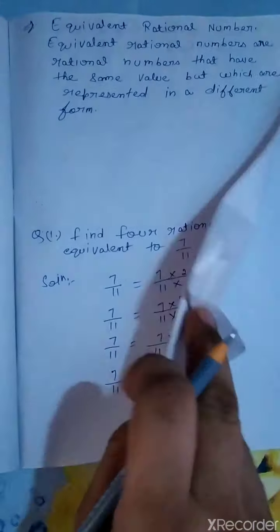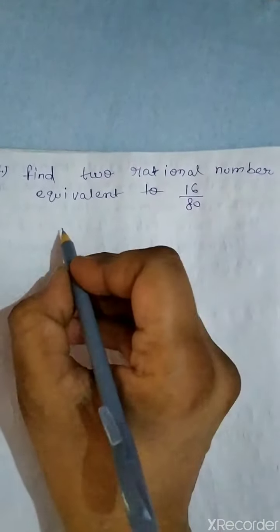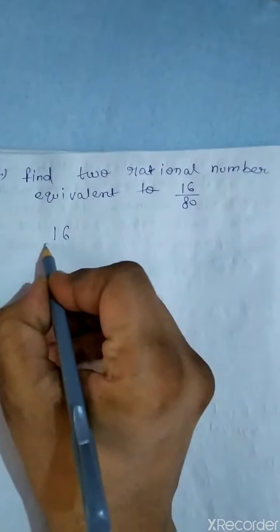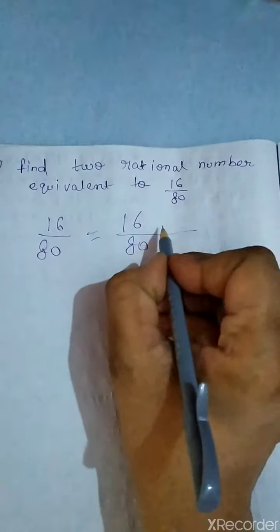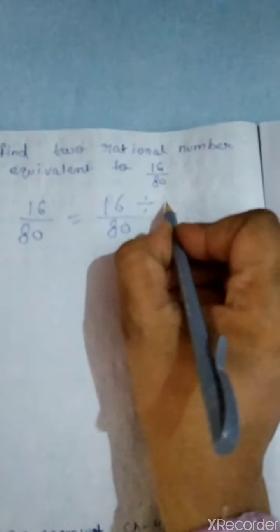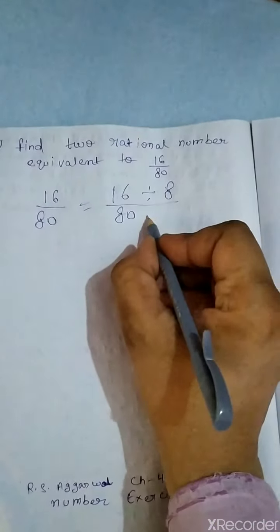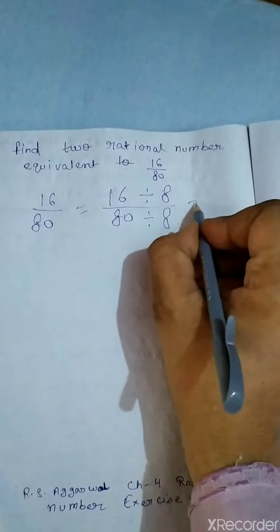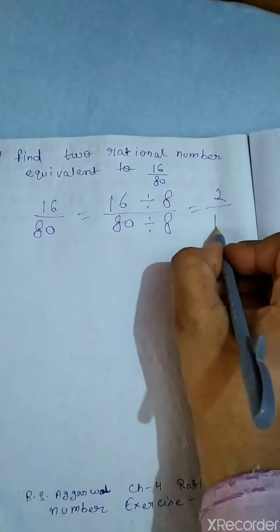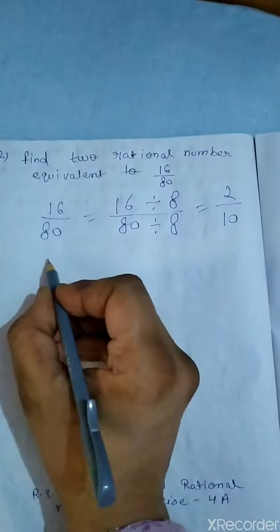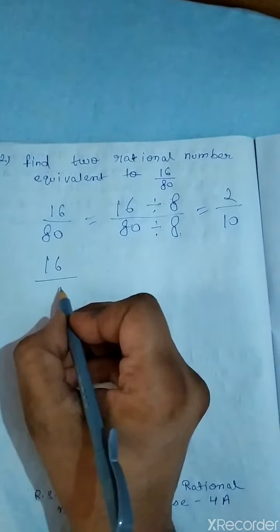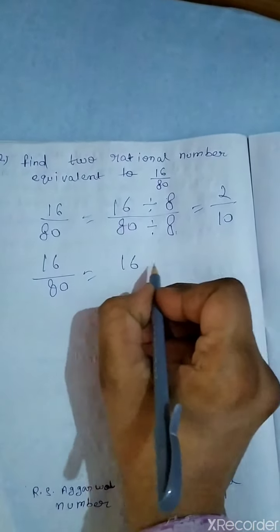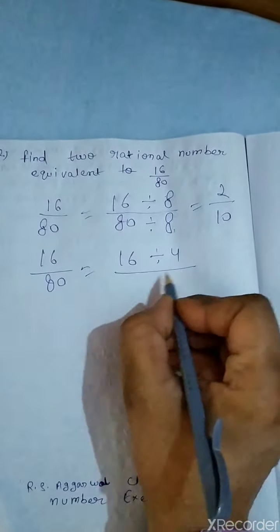The next type of question is: find 2 rational numbers equivalent to 16 by 80. You can find it like this: 16 by 80, divide the numerator by 8 and the denominator also by 8. So you get 2 by 10. One more you can get by dividing the numerator and denominator by 4. 16 divided by 4 and 80 divided by 4.